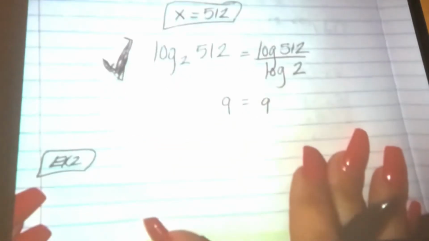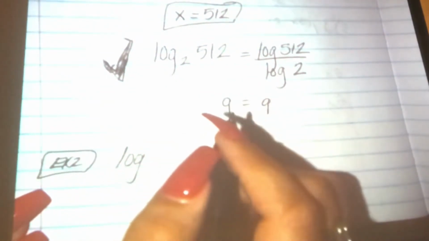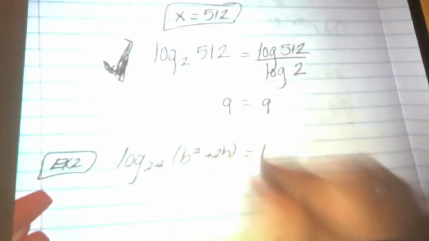All right. So example 2 is the kind of stuff that you're going to see on tonight's homework. So let's say you have the log base 24 of b squared plus 2b equaling 1.